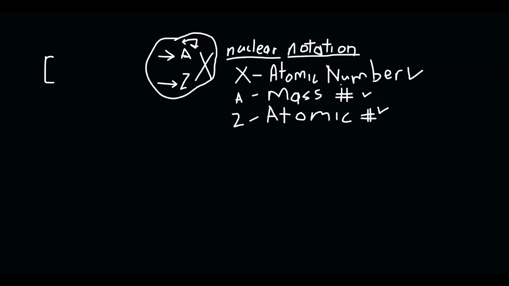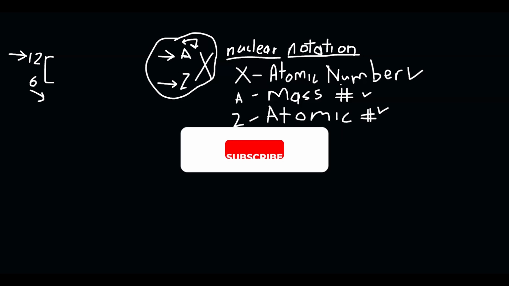Now for carbon, what's the bigger number that you're seeing? 12. Good. So the bigger number would be 12. Now in writing the symbol for carbon, it would be 12 and 6. This one would be the mass number, and the atomic number would be the one at the bottom.